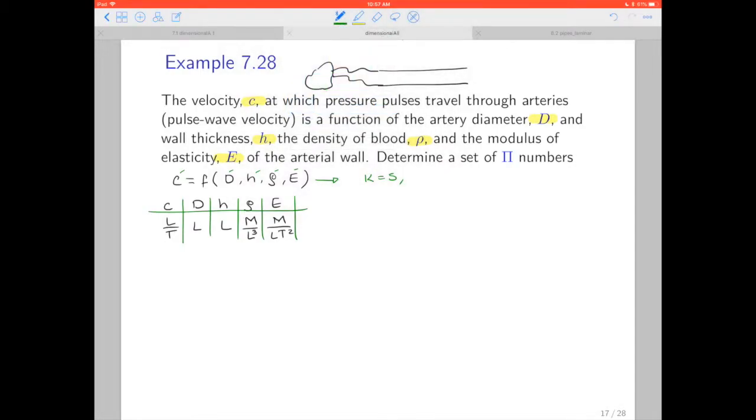So we can see here that we only have length, time, and mass. So R in this case is going to be equal to 3, therefore we have K minus R, 5 minus 3 equal to 2 pi numbers.